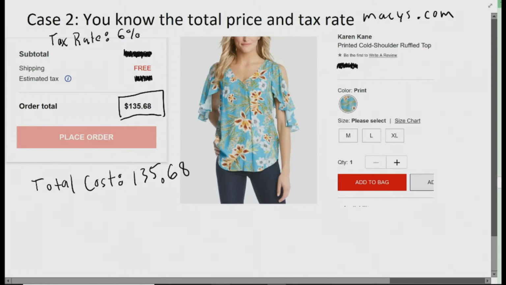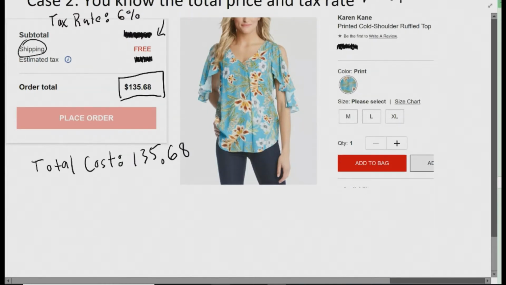Now, as a reminder, whenever you purchase an item, there is a subtotal, the original cost of the item before we add on any additional charges, such as shipping or tax. And the idea is basically if the original cost is 100%, in order to find the total cost, you'll also have to add the percentage of tax. In this case, our tax percent was 6%.